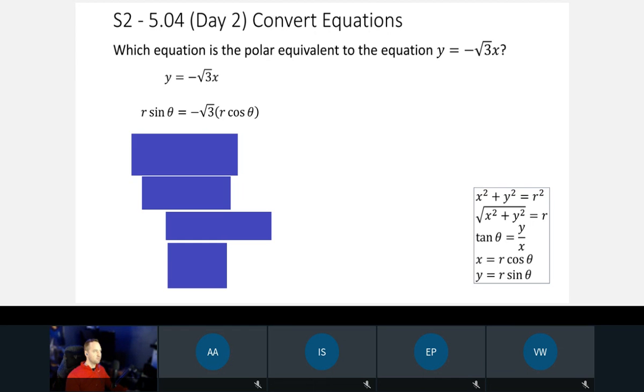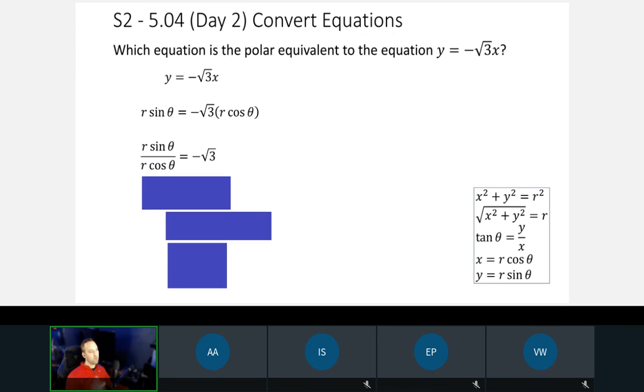No. Oh wait, I think we want to get these isolated somehow. Do we divide by r cosine theta and do this on this side? That's what I did. Okay, I'm not totally useless then.